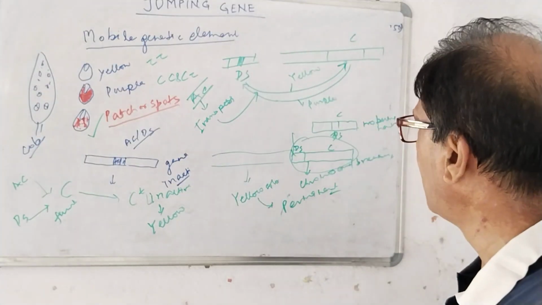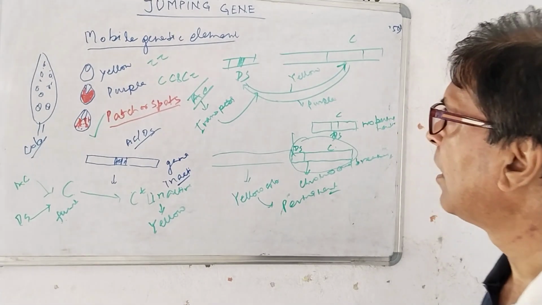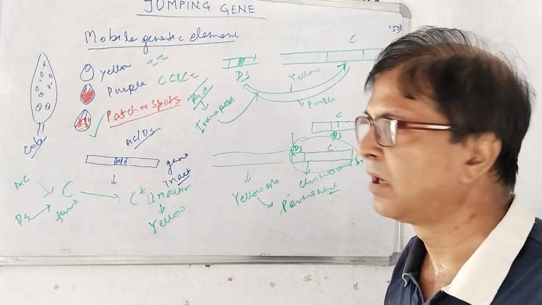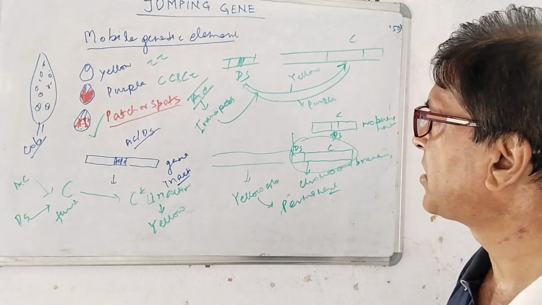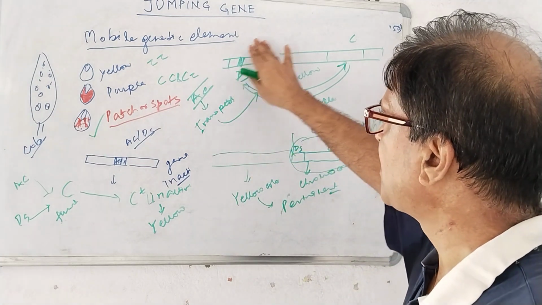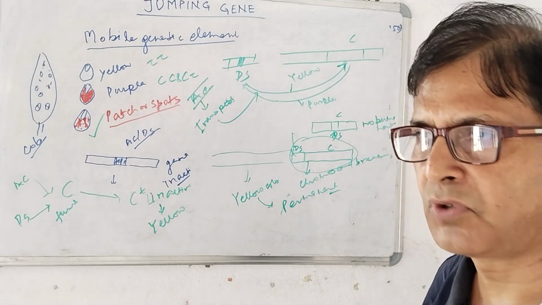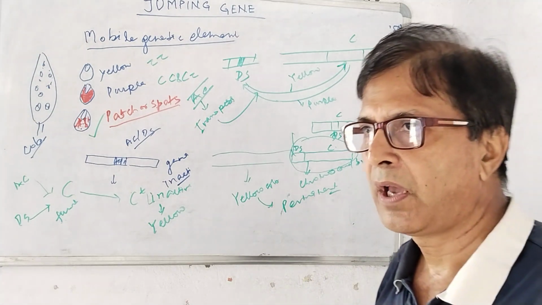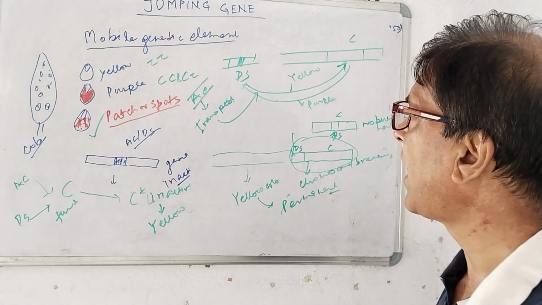Now, to sum up the entire discussion, Barbara McClintock discovered this mobile genetic element. It can move from one place to another. She found that these elements are of two types. She called them Activator and Dissociation.